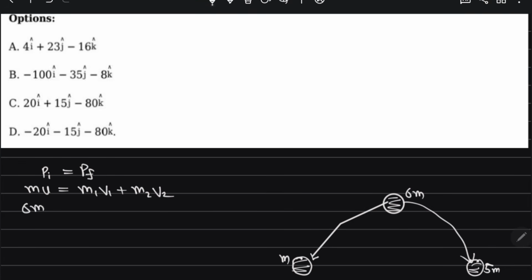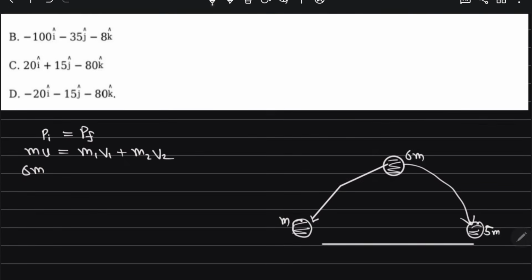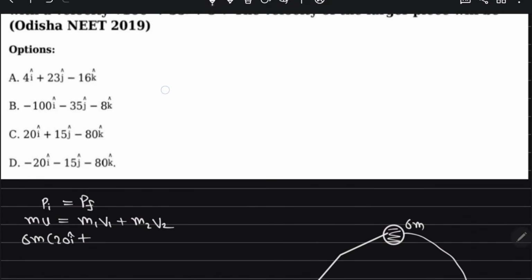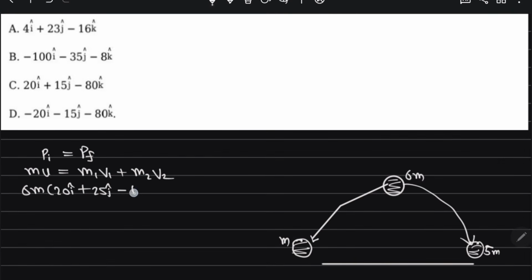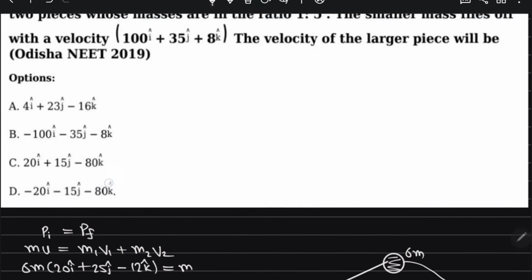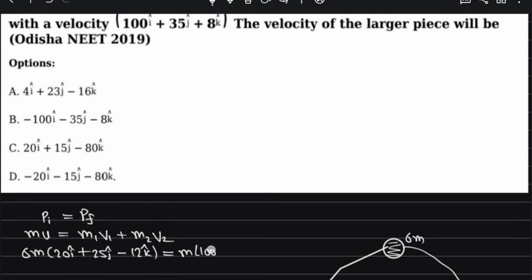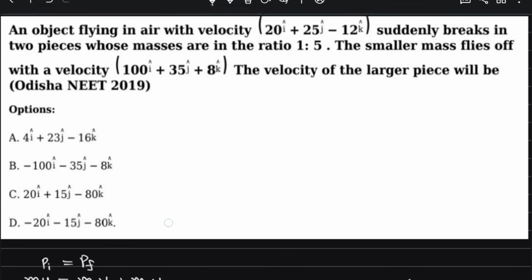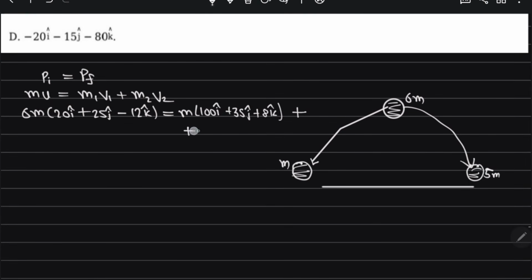So 6m into U, that is 20 i cap plus 25 j cap minus 12 k cap, is equal to m times the smaller mass velocity 100 i cap plus 35 j cap plus 8 k cap, plus the larger mass 5m times V, which we have to find.